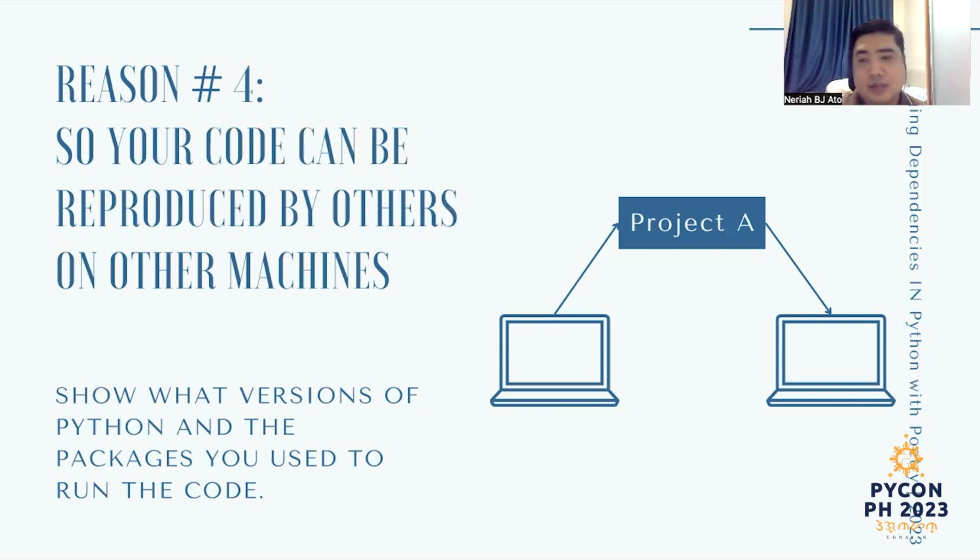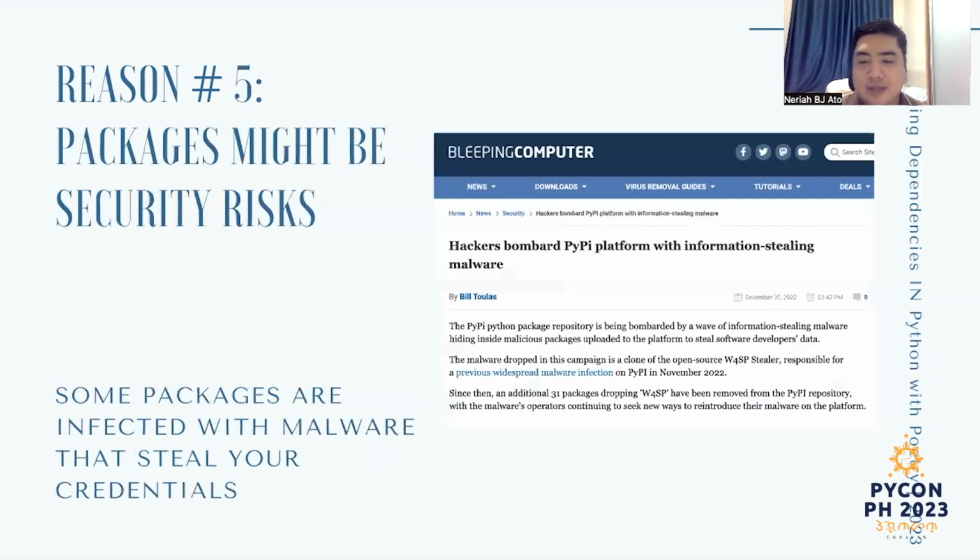Okay, that's reason number four. And lastly, which is a shocking reason, some packages might be security risks. This is recent news, this December, that they found that some PyPI packages contain malware that might steal your credentials.